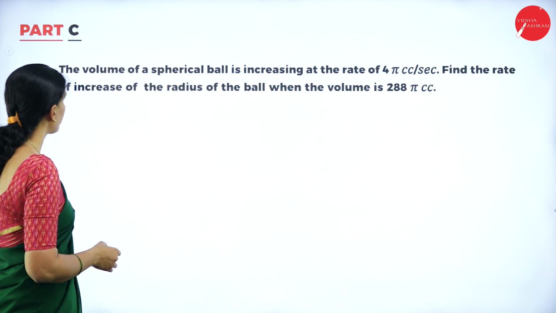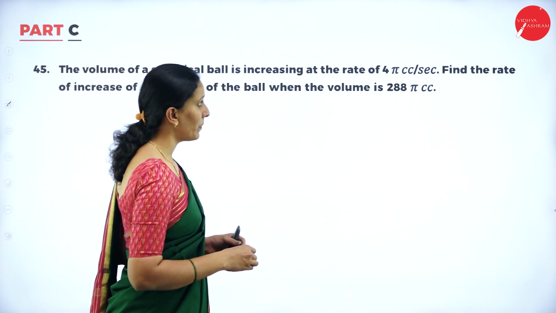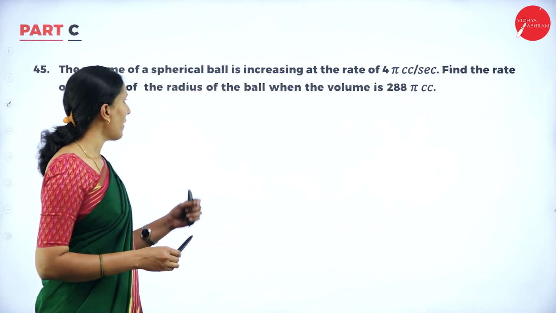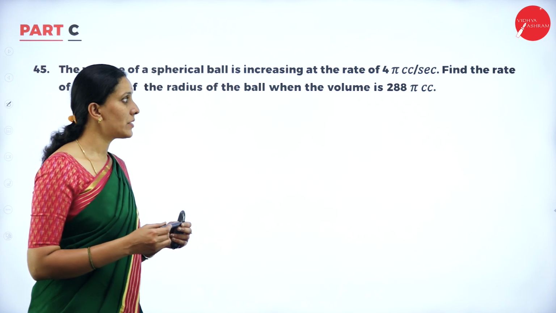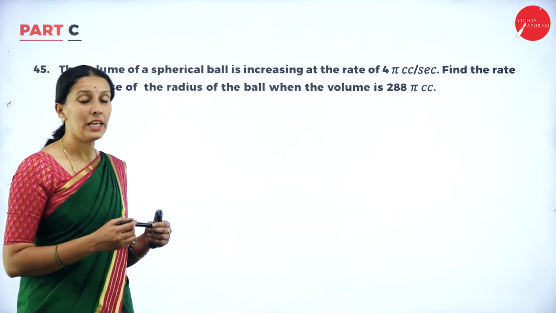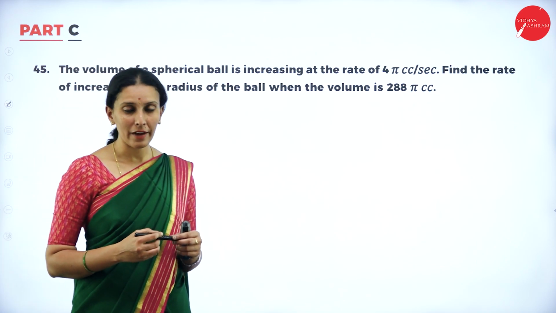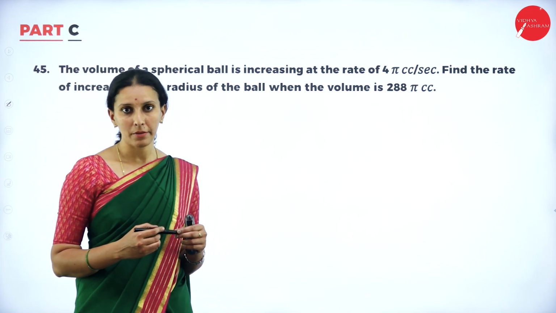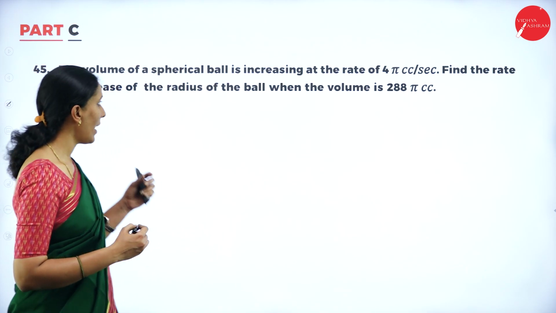Next question. The volume of a spherical ball is increasing at the rate of 4 pi cubic centimeter per second. Find the rate of increase of the radius of the ball when the volume is 288 pi cubic centimeter. A question from application of derivatives, mainly from rate measure. So one 3-mark question from rate measure you can expect.